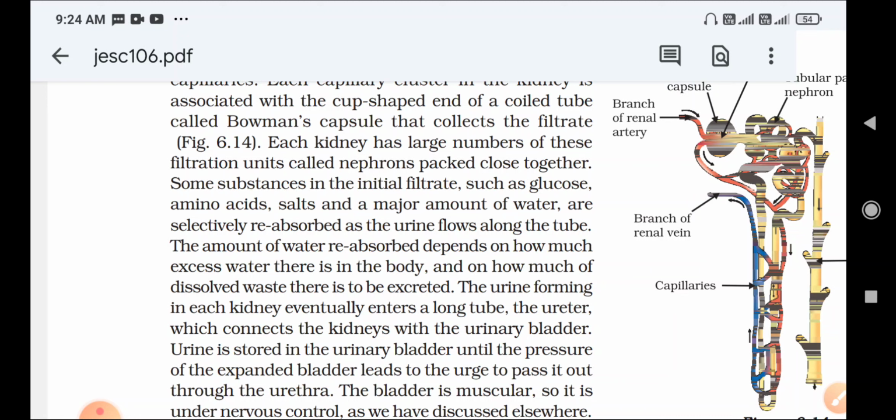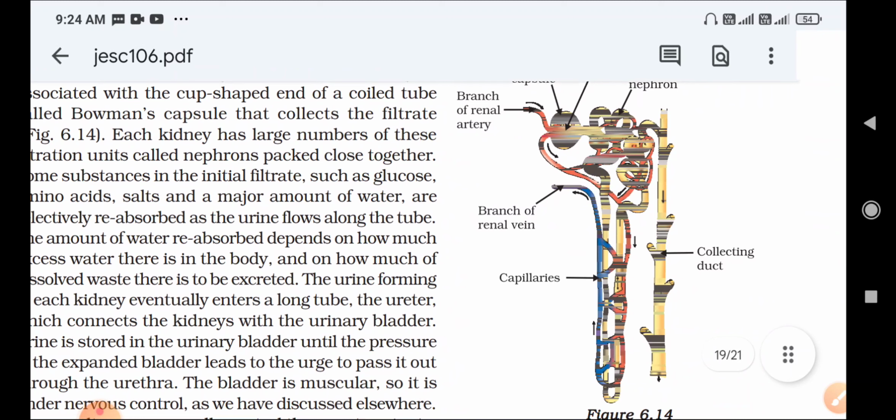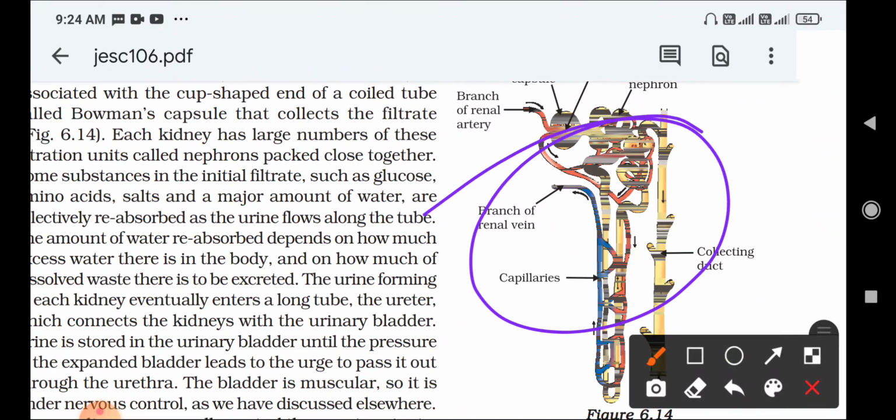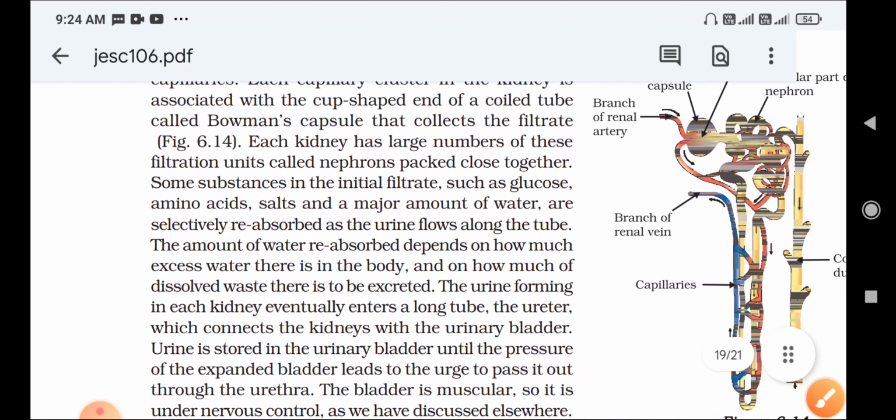And again, the major important point is on which factors water is reabsorbed from the urine. After initial filtration, glucose, amino acids, and a major amount of water and salts are absorbed from the filtrate. These are points you have to remember. And the structure of the nephron you have to practice again, as they will ask it in the exam. This is a major part.